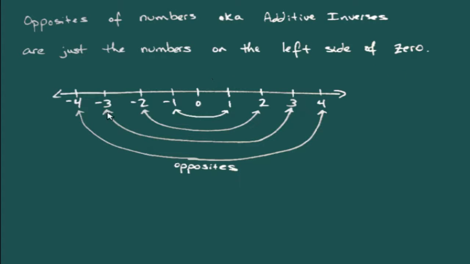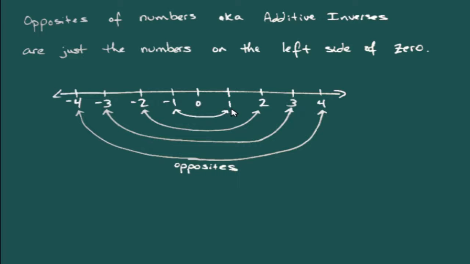And so we can think of our real number line as being set up with 0 being kind of the center value, and then we've got all of our counting numbers 1, 2, 3, 4 off to the right, but then we've got the mirror image of those off to the left. So -1, -2, -3, -4, those are going to be the opposites because they are on the opposite side of the number line. They're the reflection across 0.